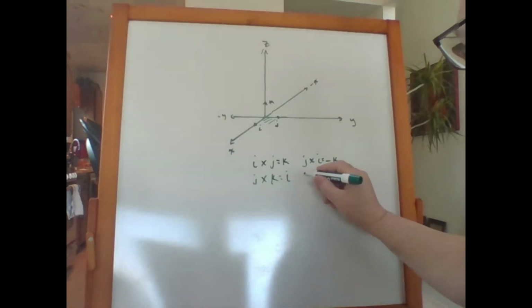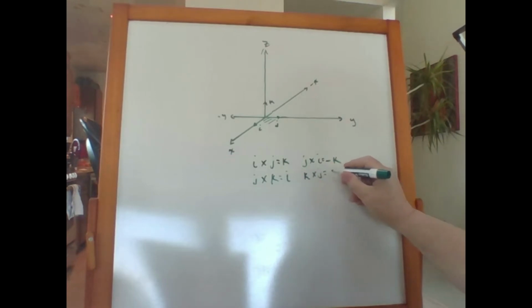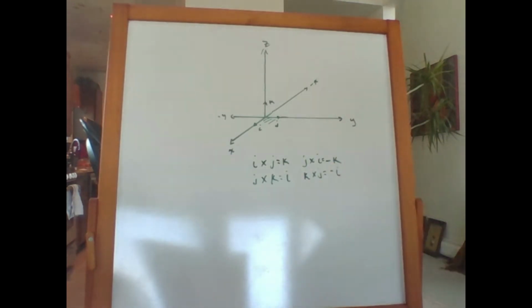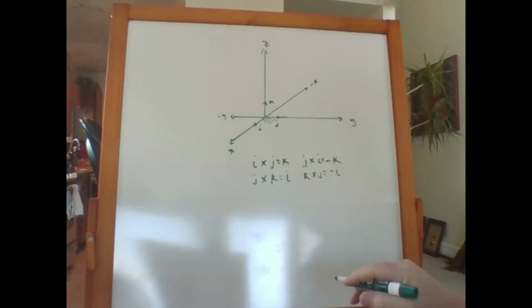And conversely, K cross J is equal to negative I. So position counts in the cross product, which is very strange. It's much different than any kind of multiplication that you would assume.